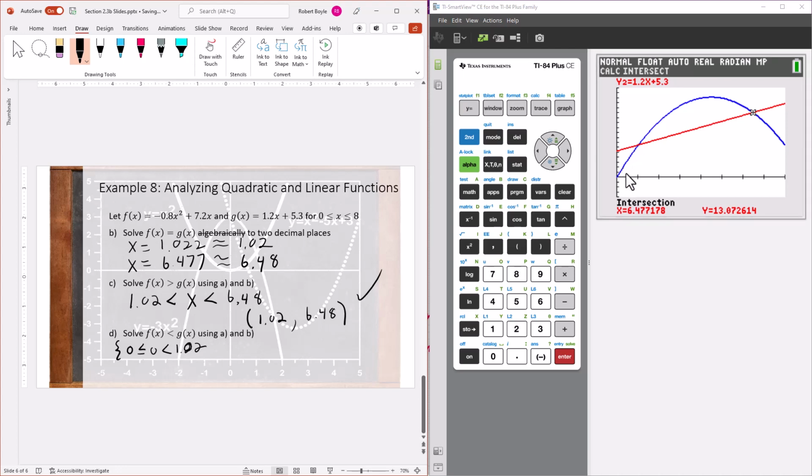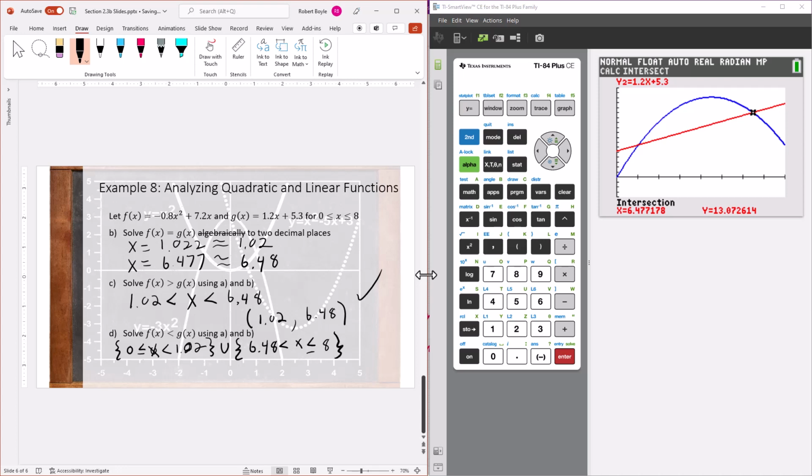That accounts for this range right here, unioned with the values of x that are strictly greater than 6.48. That should be an x, by the way. And less than or equal to 8.